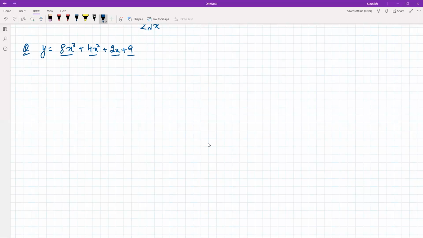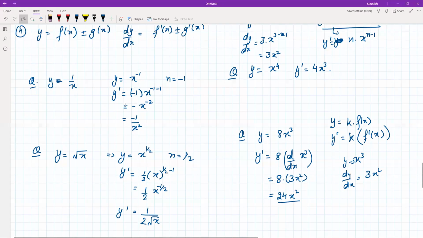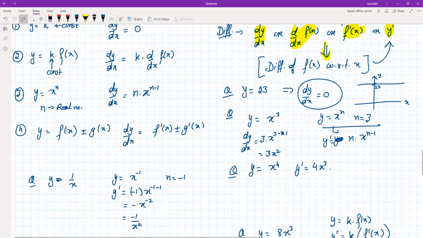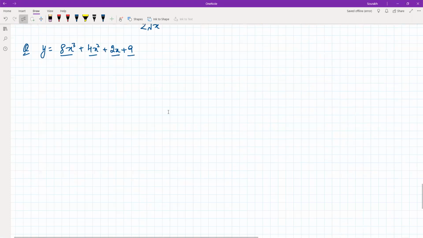So what does this rule say here? The last one says if it is like that, you just differentiate them and add or subtract them accordingly. So in the case of this polynomial, we just have to differentiate them individually and write it as it is.